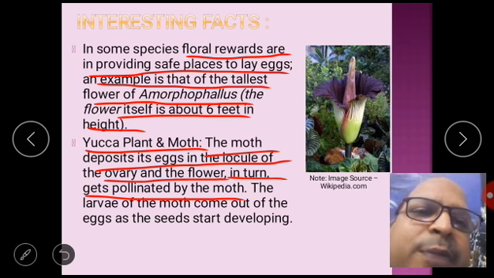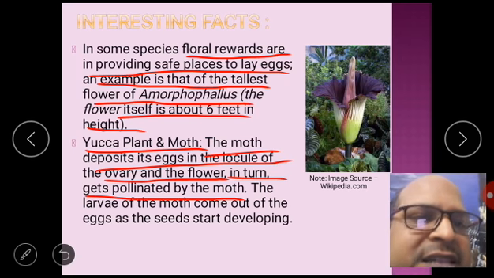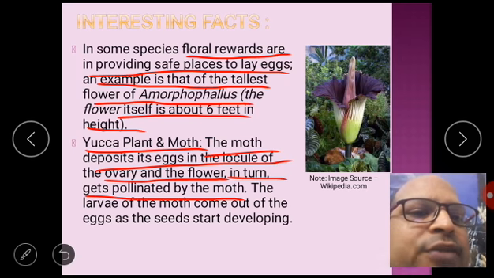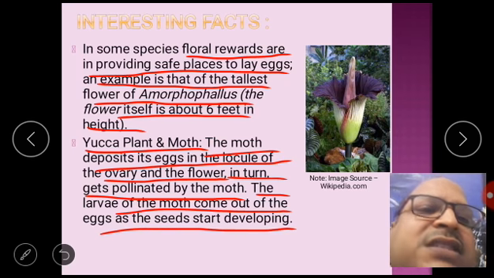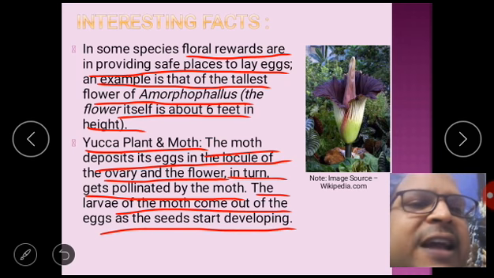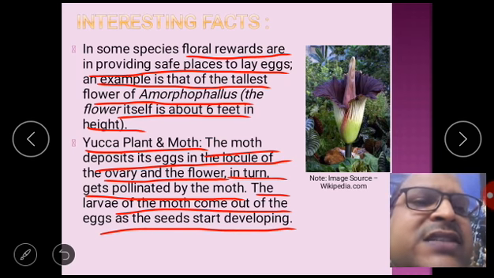The yucca plant will be pollinated and the moth will get a place to lay eggs. The larvae of the moth come out of the eggs as the seed starts developing.